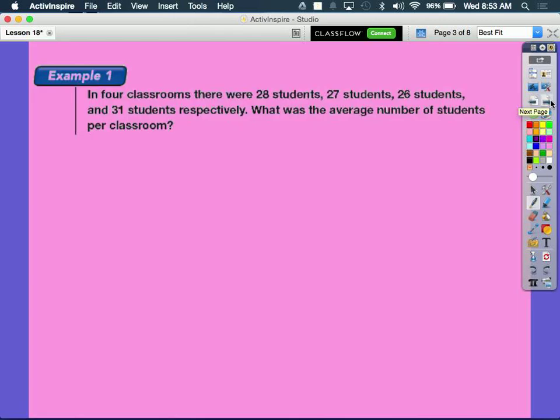So for example 1, it says, in 4 classrooms there are 28, 27, 26, and 31 students respectively. What was the average number of students per classroom? So I'm going to start by adding up all my numbers, all my students. So that's 28, 27, 26, and 31.